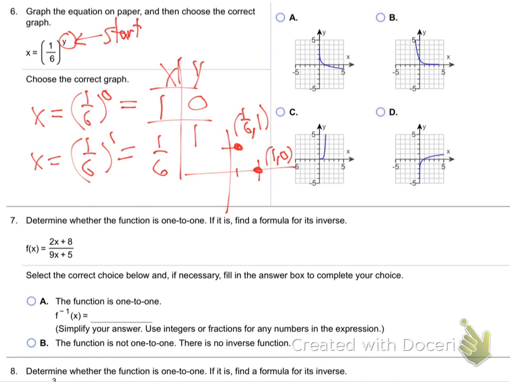Well, wait a minute, is that true? Maybe, actually, A and B look close, don't they? So, looks like it's going down to the right. A and B both look close. Oh! Yeah, it's got a cross. Thanks, Wendy. It's got to be A because see how it's going to cross down below, whereas B never crosses the line. It gets real close to the line, but ours is going to cross the line. So it's A. The answer is A.